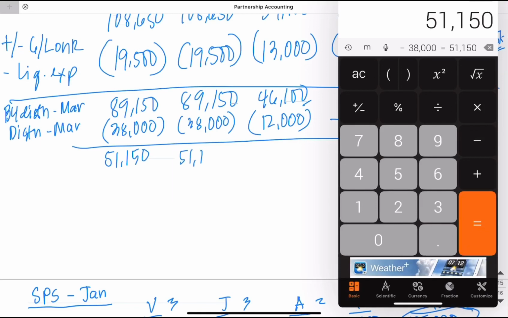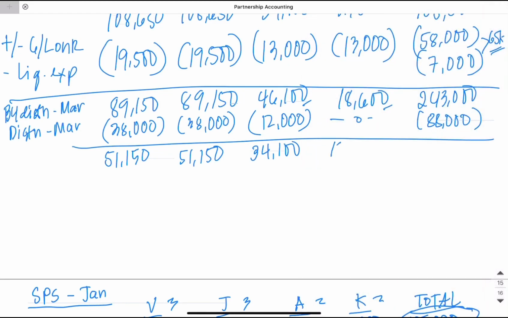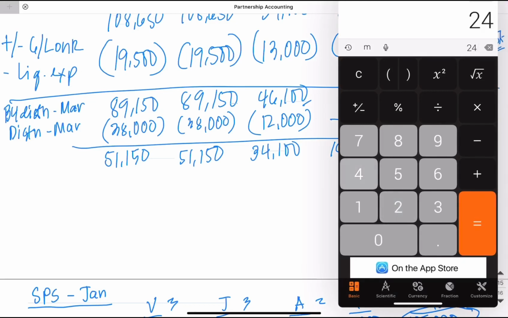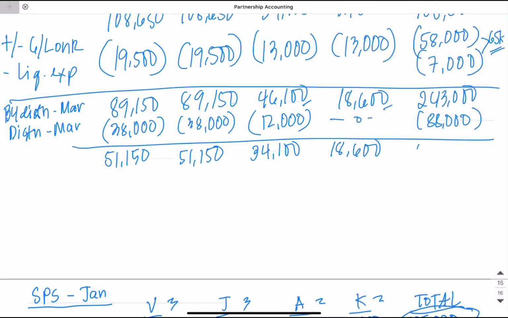Another 51,150. And then for Albert, 46,100 minus 12,000 is 34,100. Then just bring down 18,600. So the balance is 243 minus 88, which is 155,000. These are your balances at the end of March after distribution.